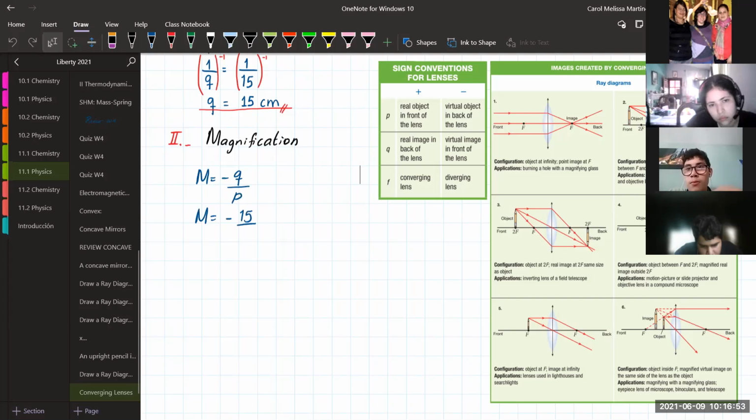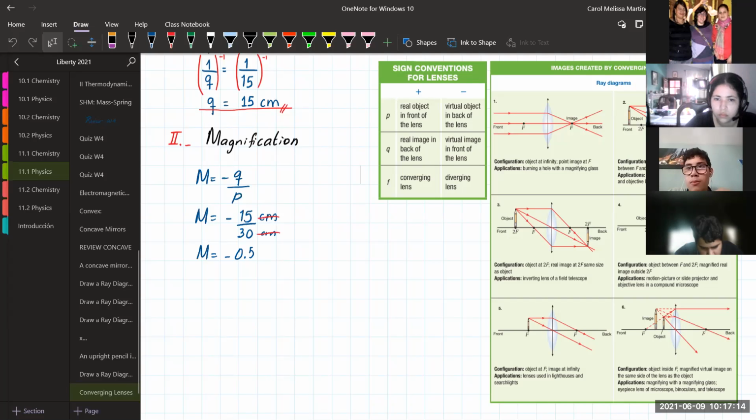The magnification gives us negative 0.5. Remember, these are centimeters each, but in the end, you cancel the two units, okay?